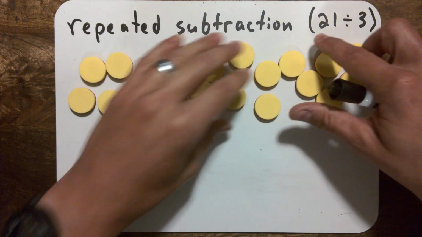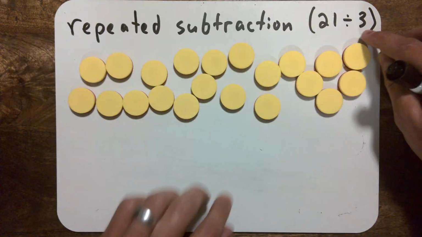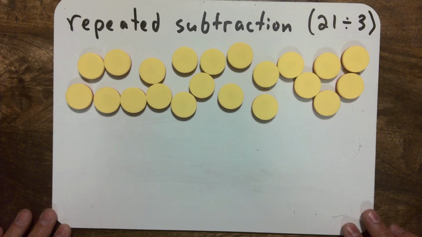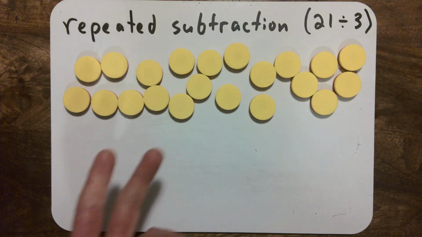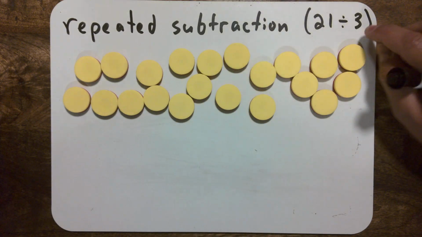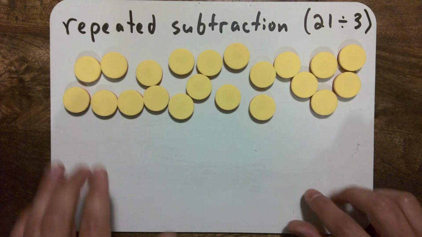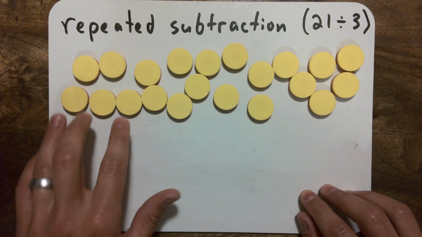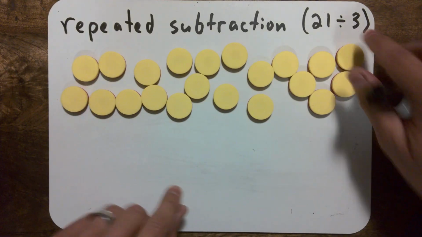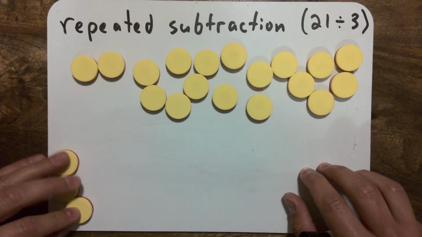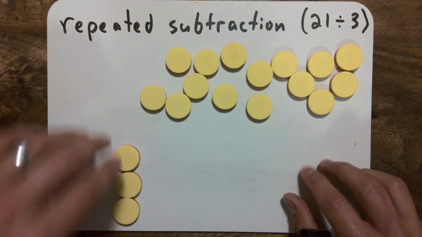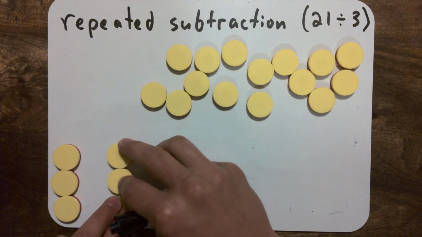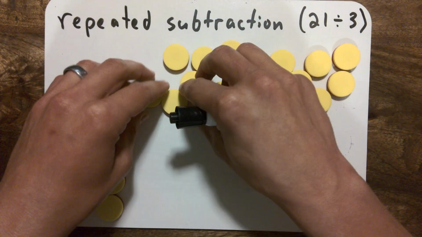So 21 divided by 3, again, we can think of this divisor as either the size of the group or the number of groups. If we're doing repeated subtraction, we're generally thinking of that 3 as the size of each group, because we're going to repeatedly subtract groups with the size of 3. So it's one group, and we're subtracting these one at a time from that dividend, or that starting amount.